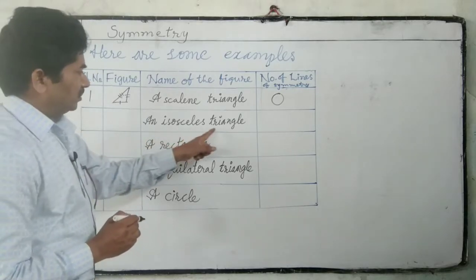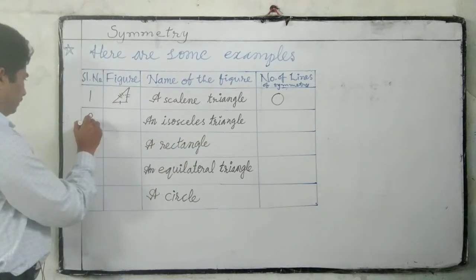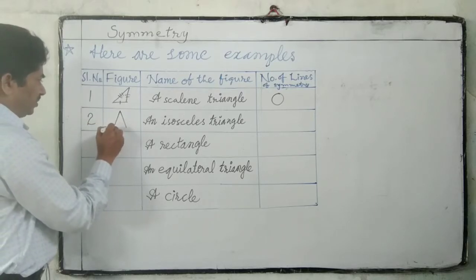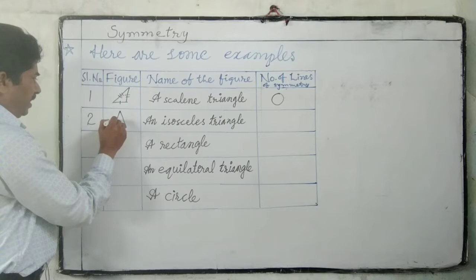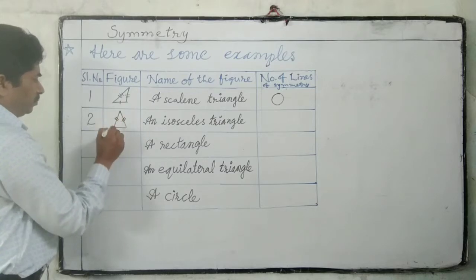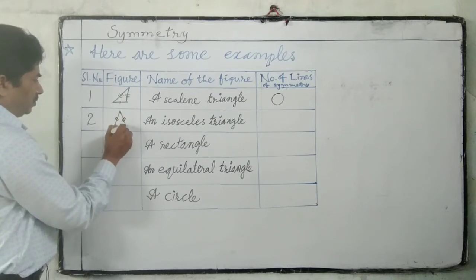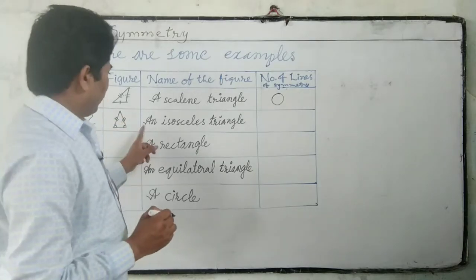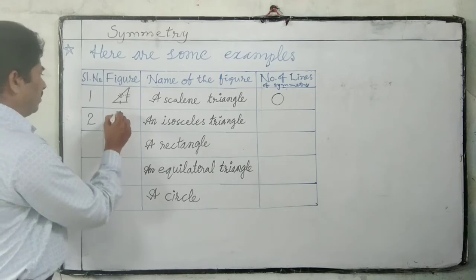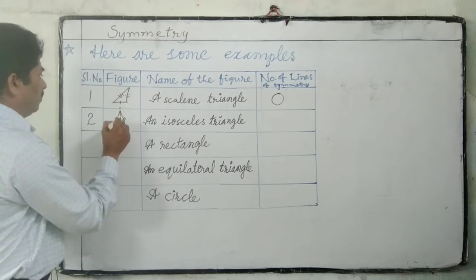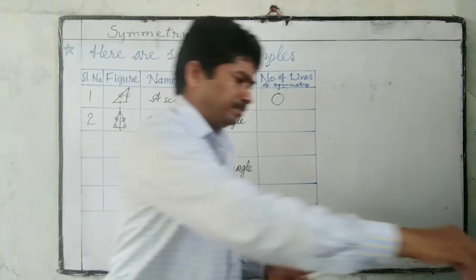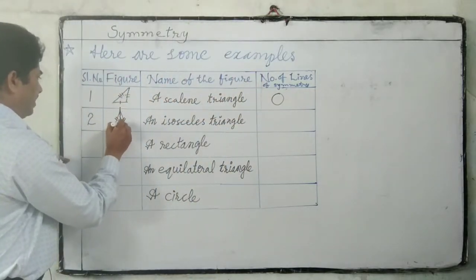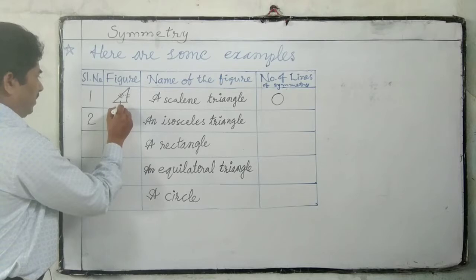Second one, an isosceles triangle. Two sides of a triangle are equal. For this, we have one line of symmetry. These dotted lines show the line of symmetry.